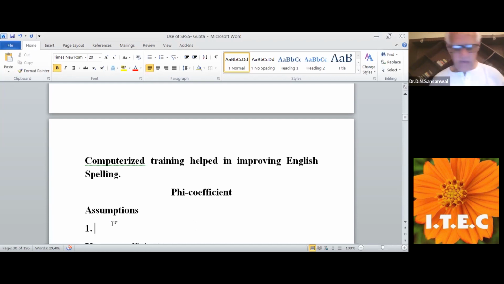Now in the phi, there should be one variable having data on the nominal scale.